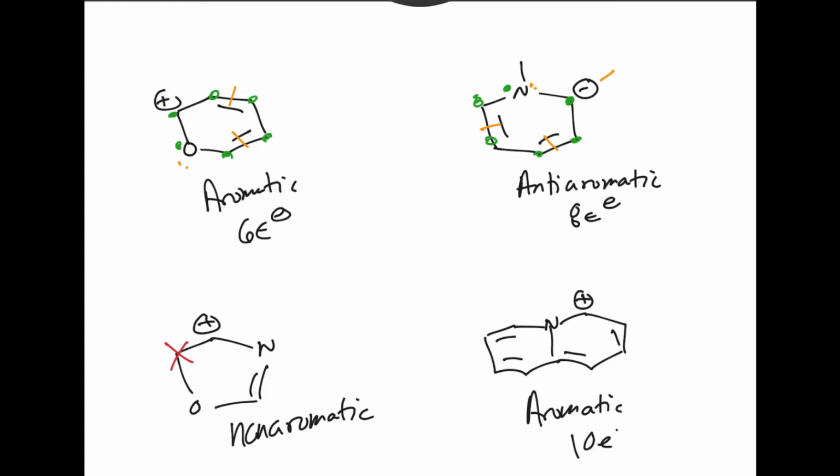Should have 10 electrons. And then the lone pair on nitrogen right there. So then we're going to have 2, 4, 6, 8, 10 from counting the lone pair on nitrogen.